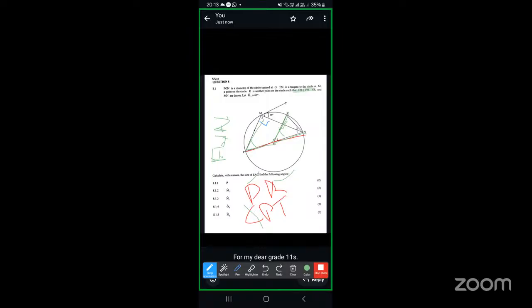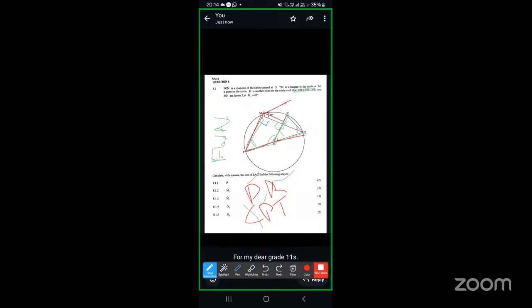Oh, co-interior angles. This is 90 as well. Sum this and this, you get 180. This and this, you sum, you get 180 degrees as well. And then we are done with P. Then you can go for T, and we can see that this is a tangent.